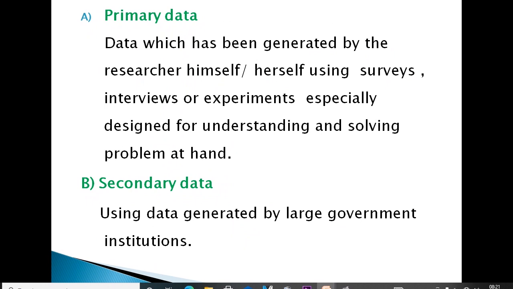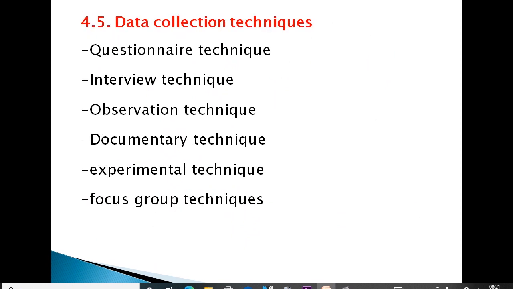So these are secondary data. In the methodology of his research, he must identify the types of data he is going to use in his study, whether primary or secondary data.